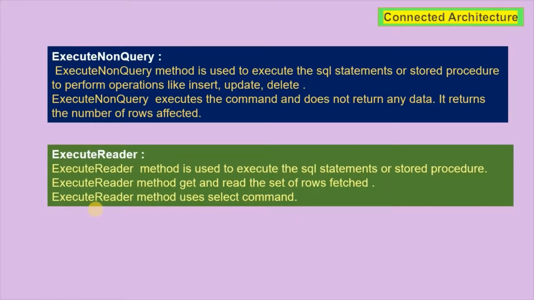We can execute SQL statements or stored procedures, and after execution of the SQL statement or stored procedure, we get a result set of rows. We are able to get and read all the rows with the execute reader method, or we are able to read multiple values with the execute reader method. When we use a select query, at that time we can use the execute reader method.